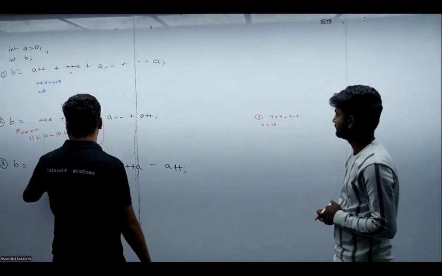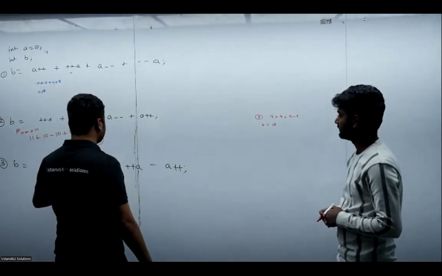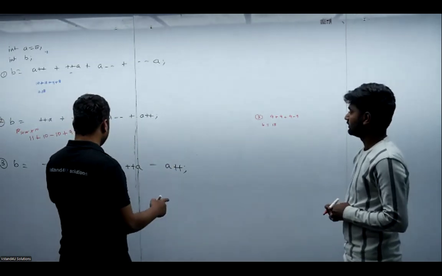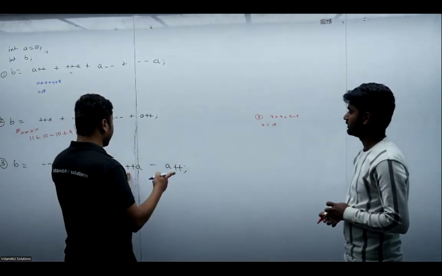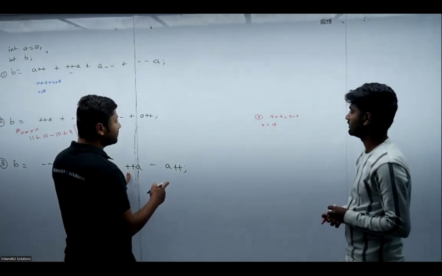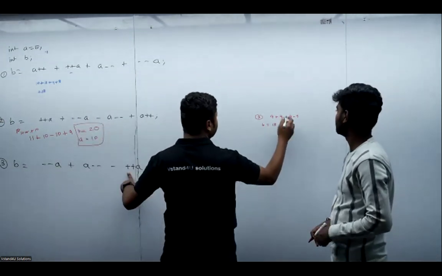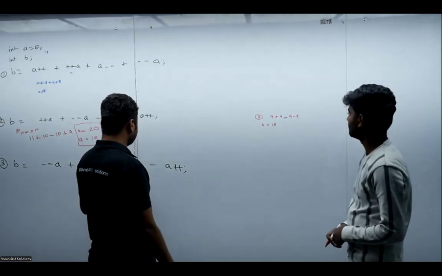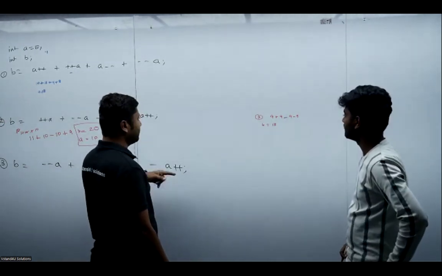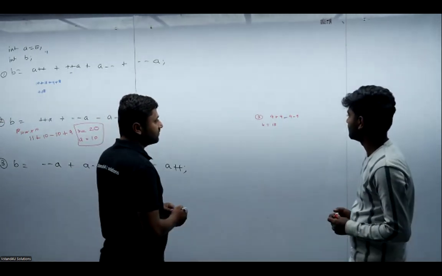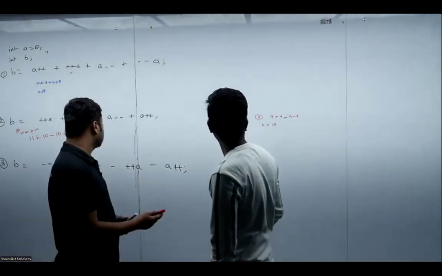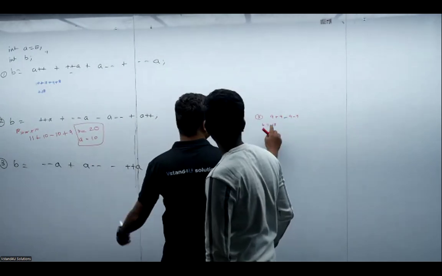First you decremented, 10 became 9. Then use the current value. Then you decremented to 8. That 8 has been incremented to 9 back. This should be minus, huh? Okay. Then you incremented. Perfect. Now fine. Answer is 0, no?